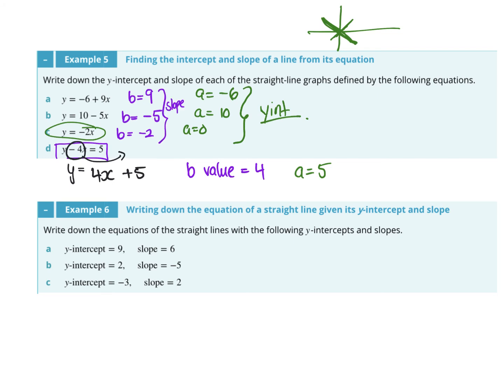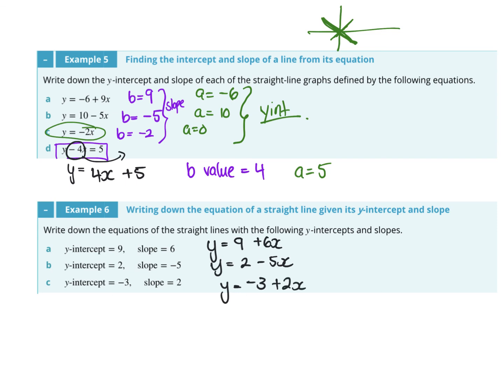Now it's asking me to write down the equations of these straight lines. If I was writing this one out, y equals 9 plus 6x, very easy. y equals 2 minus 5x, and y equals negative 3 plus 2x.